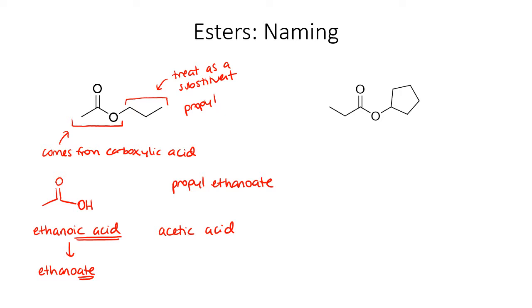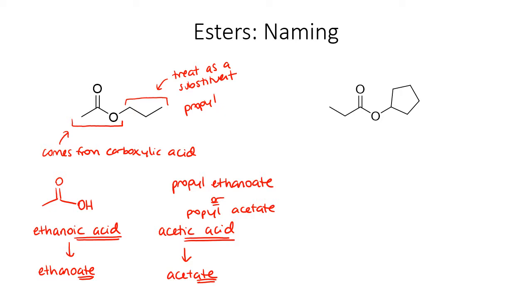So to give a more common name for this molecule, again, we're going to take that "ic acid" and convert it into "ate." So we get acetate. So the common name for this molecule can be propyl acetate. And either one is appropriate.